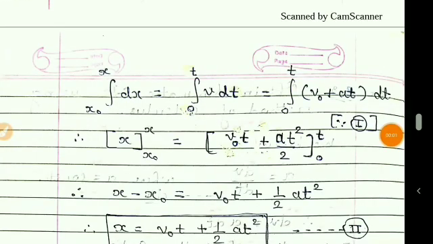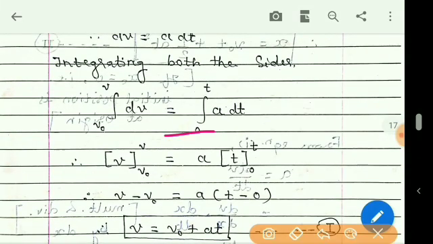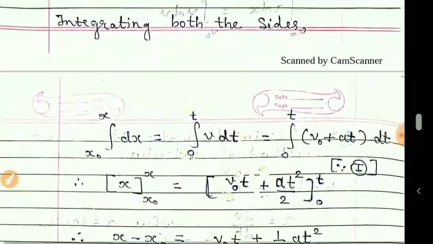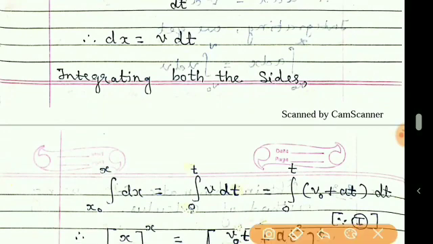So now students, remember what we did here, the same thing we are going to do here. So we have put the sign of integration on both sides, so here we have kept the sign of integration.